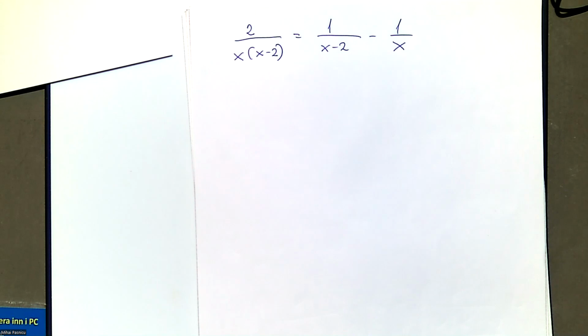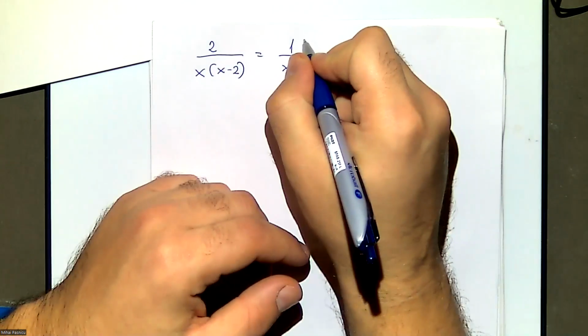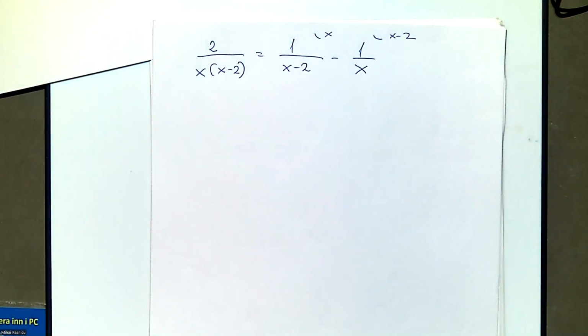If you don't believe me, just calculate it. All right, let's calculate it together because I see a lot of confused faces. So how do you subtract two fractions? You just bring them to the same denominator, right? So I'm just going to amplify this thing by x and amplify this thing by x minus 2, right? That's how you compute fractions, right?